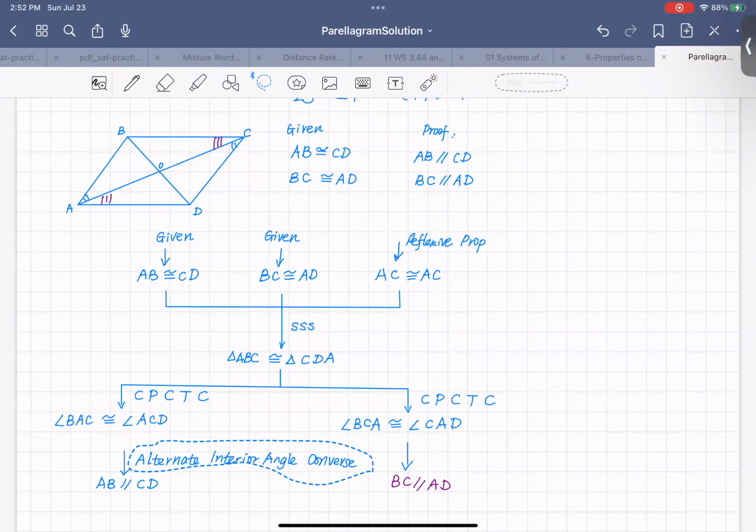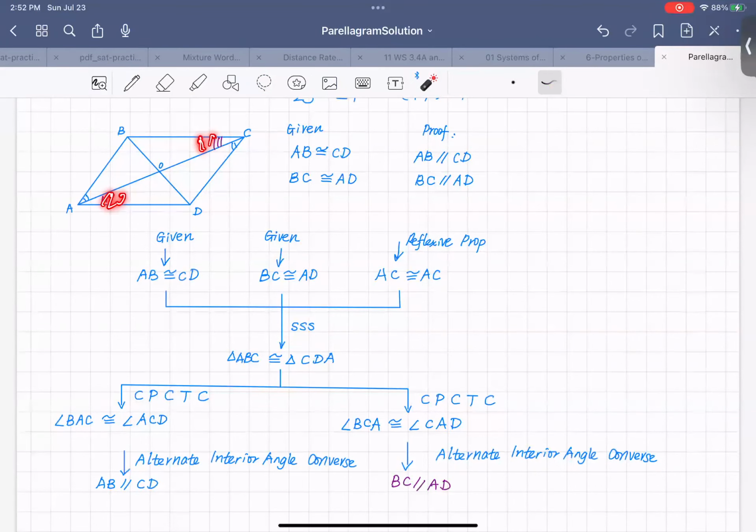This is still called alternate interior angles. I want you to take a look at this and truly understand. I'm going to ask you one more time. This purple angle equal gives you which two lines parallel? BC and AD. Good.